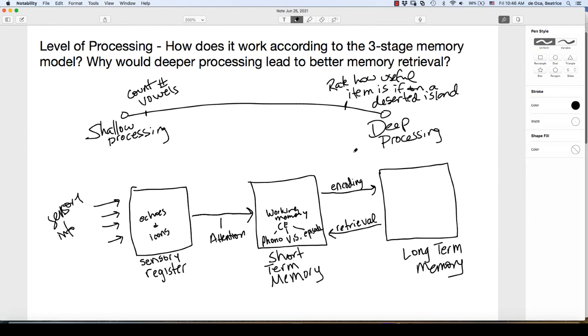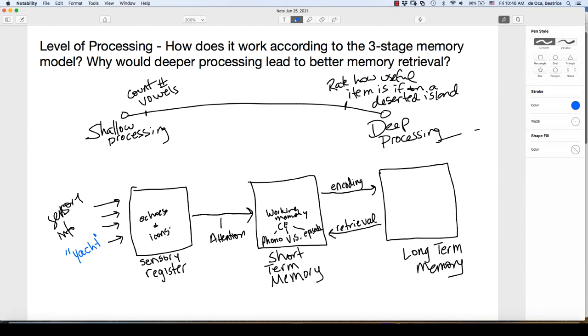So according to our level of processing model, let's say that the word was yacht. If you were in group A and you're just counting the vowels, it's coming in here, you're looking at it, so yacht would probably be an icon. But you really don't even need to sound out the word to figure out the number of vowels in it.